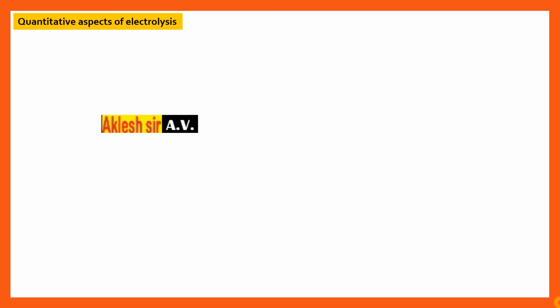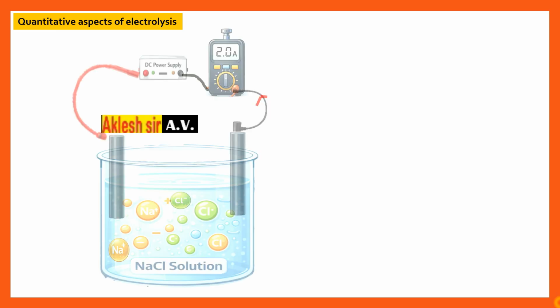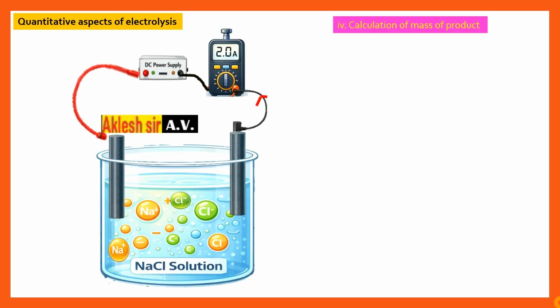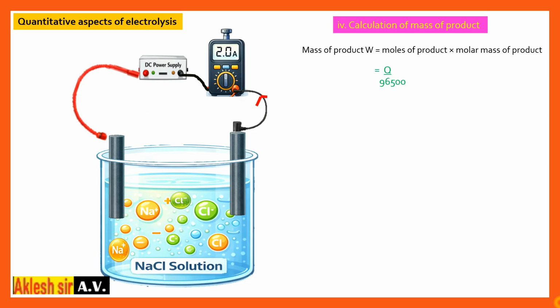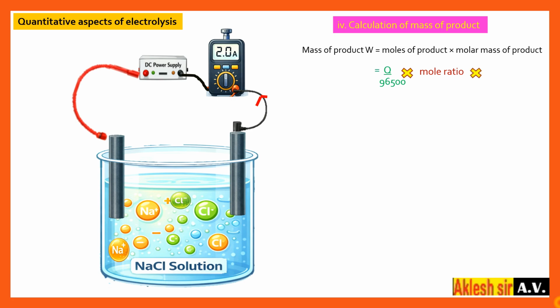Quantitative aspects of electrolysis. 4. Calculation of mass of product. Mass of product W equals moles of product times molar mass of product. Therefore mass of product is equal to Q divided by 96,500 multiplied by mole ratio multiplied by molar mass.